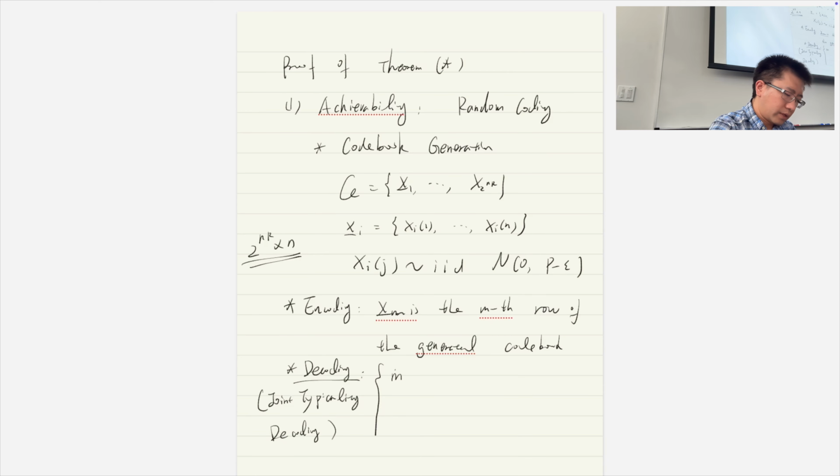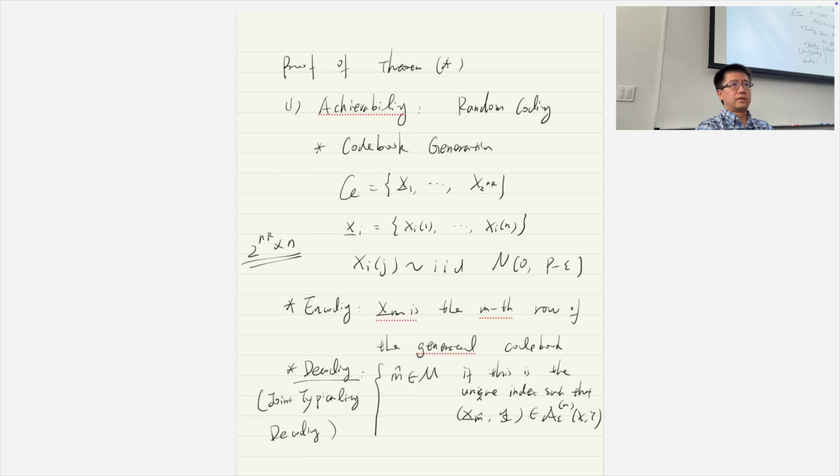We claim m hat is our message if it is the unique index such that x(m hat) and y are in the typical set, jointly typical.